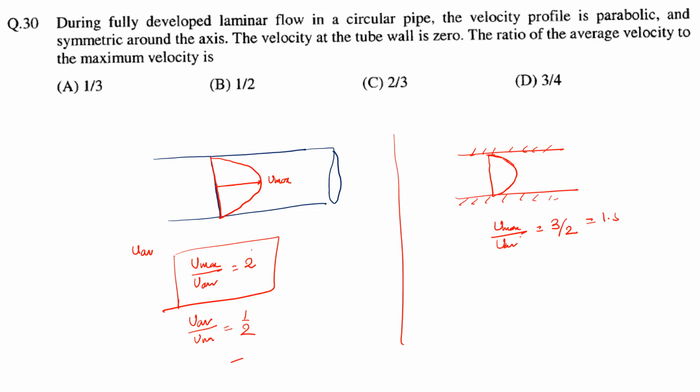That means u max will be 1.5 times your average. This is your pipe, this is your plate. In the case of a pipe, it will be 2 times the average. Fine, no problem. That will be option B.